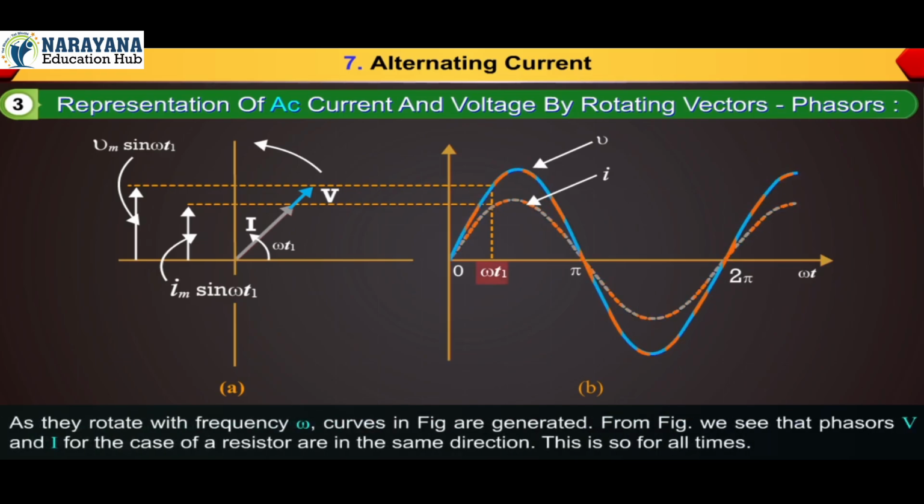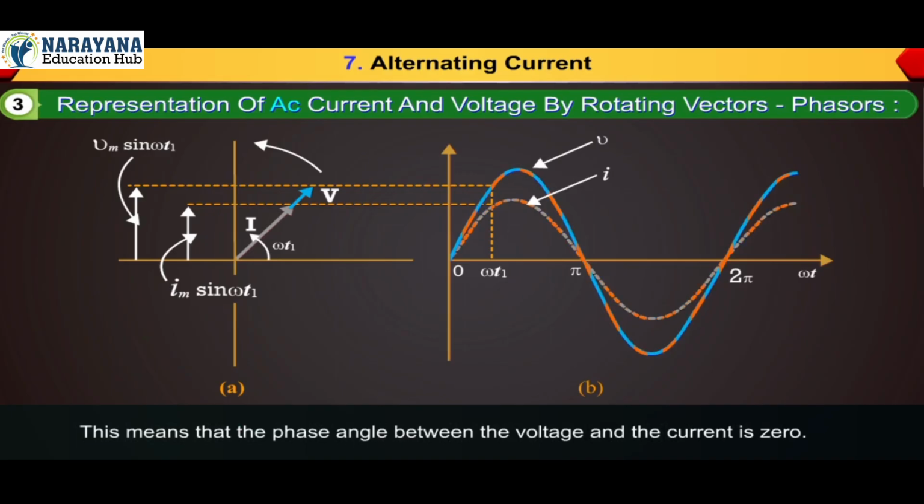As they rotate with frequency omega, the curves in the figure are generated. We see that phasors V and I for a resistor are in the same direction at all times. This means that the phase angle between the voltage and the current is 0.